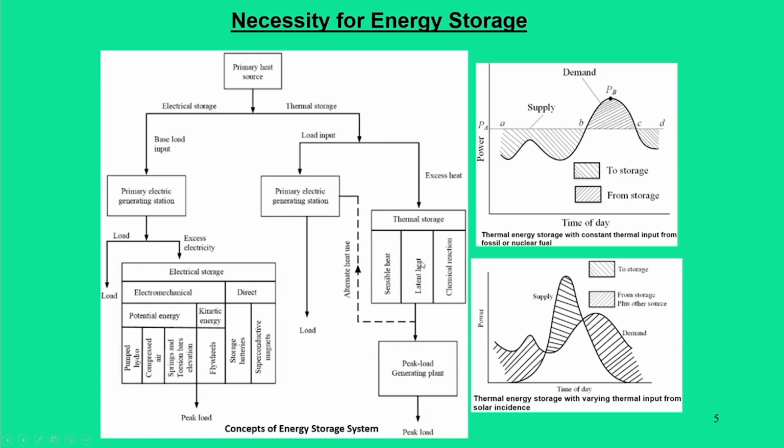For all the cases there are two basic inferences. First, the primary plants run at base load, and the excess electricity is stored and used as peak load. Even in thermal storage, the primary station runs for base load, and the excess heat stored in the thermal storage medium is used for peak load.